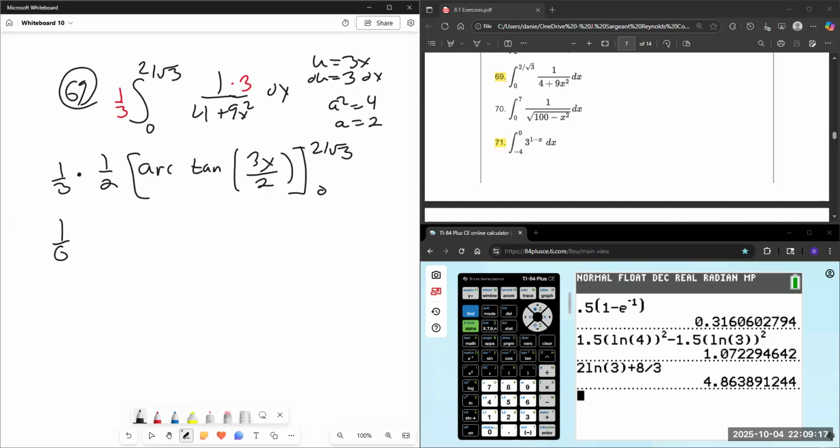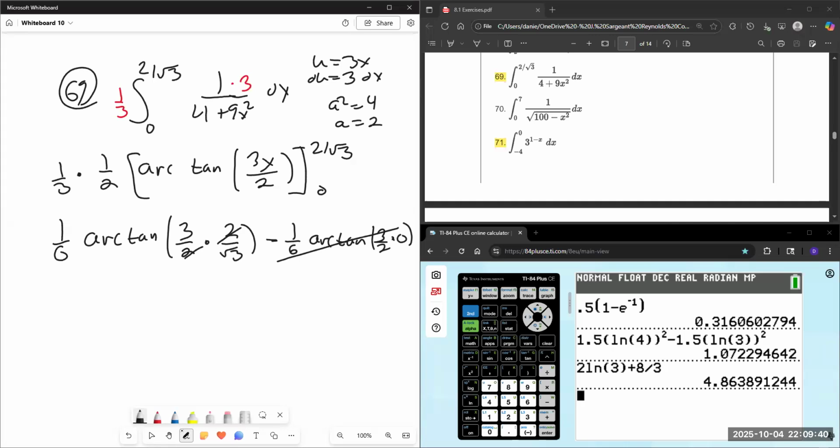This is 1/6 arc tangent of 3/2 times 2 over root 3 minus 1/6 arc tangent of 3/2 times 0. Arc tangent of 0 is 0.